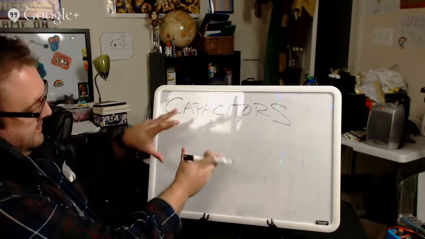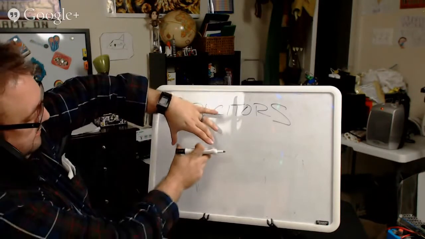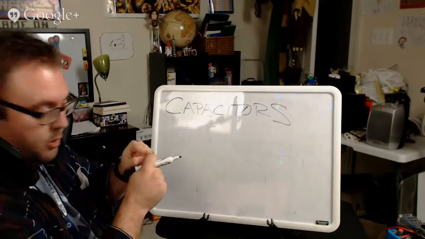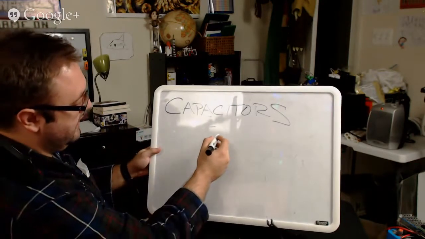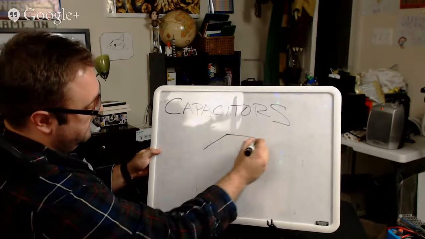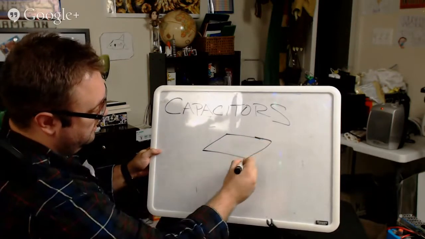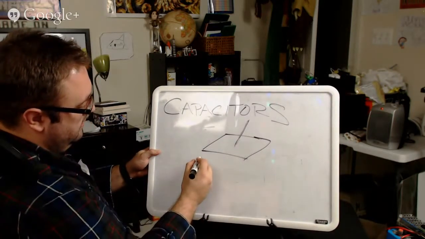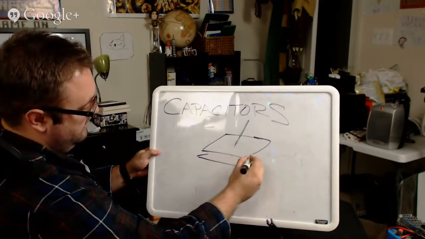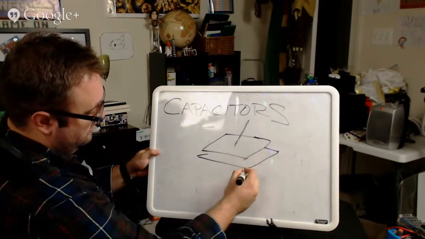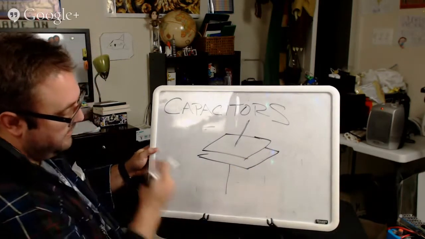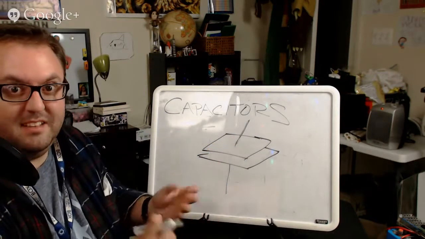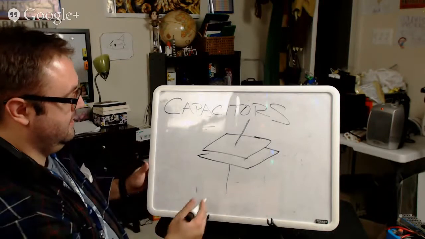If we were to open up that little barrel capacitor we drew here, what you really have at the end of the day is nothing more than two metal plates, wire coming out of each, separated by something called a dielectric, an insulator, something that doesn't want to conduct electricity.